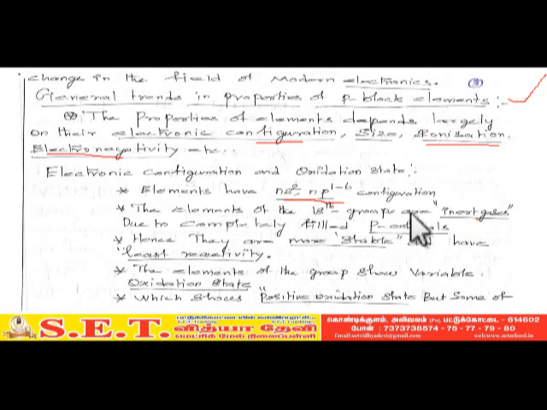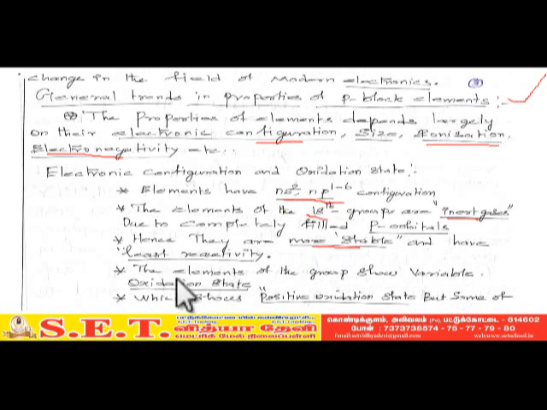If it is partially filled, it is unstable. The elements of the 18th group are inert elements. Inert elements are completely filled, so they have less reactivity. These are called inert elements or inert gases. They are more stable and have less reactivity.